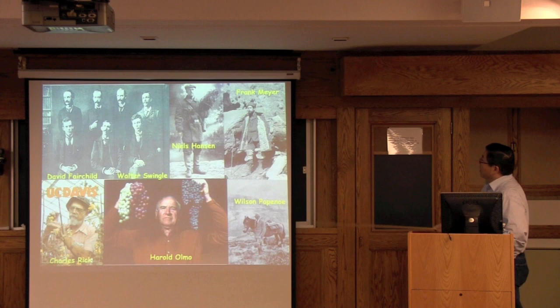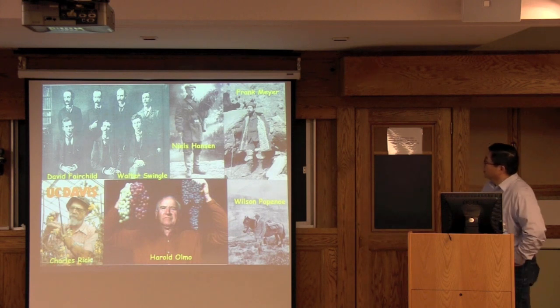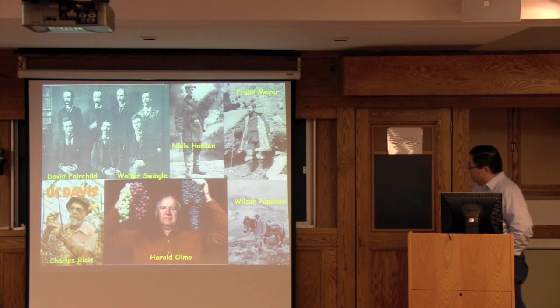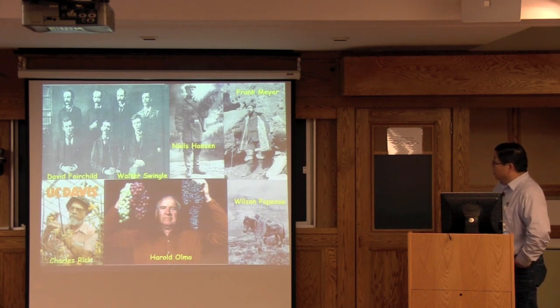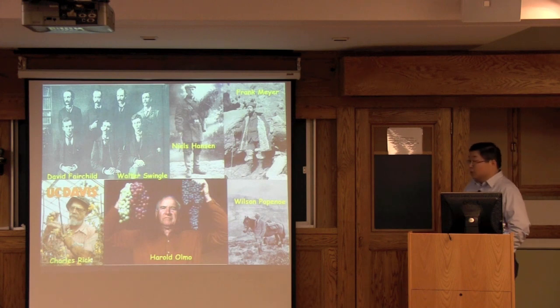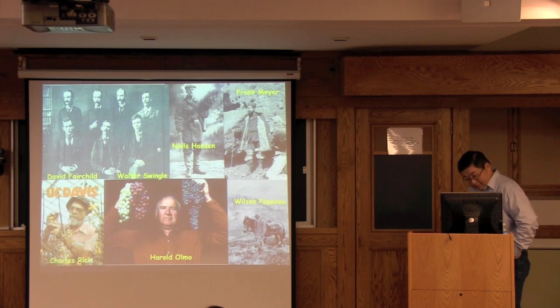And the famous Frank Meyer spent many years in China doing a lot of exploration. Wilson Popenoe was an avocado plant explorer. He spent a lot of time in the highlands of Mexico and Guatemala, and later in Central America and the Caribbean. An interesting part is he was also a spy for the National Security Agency during World War II.